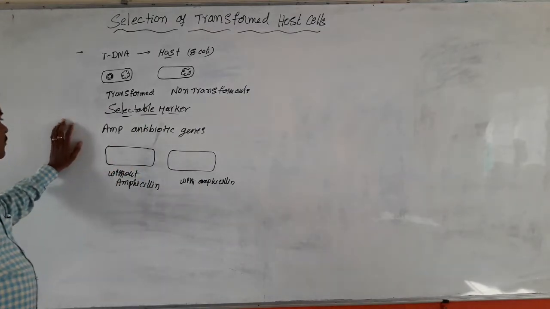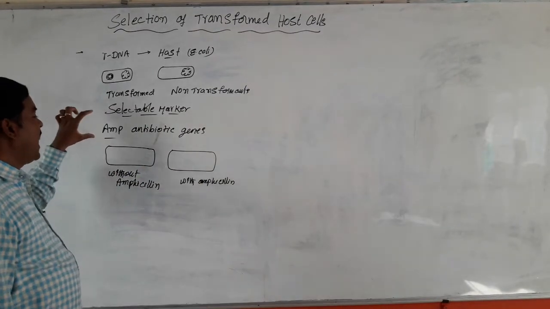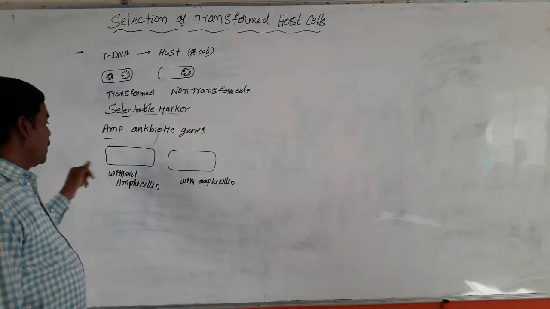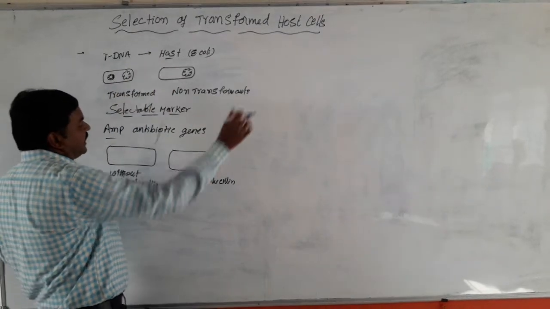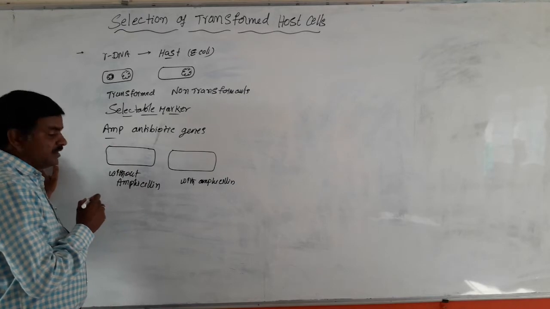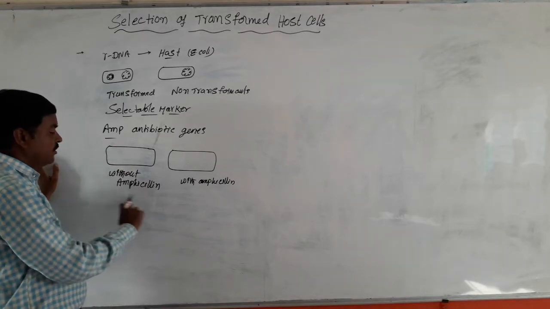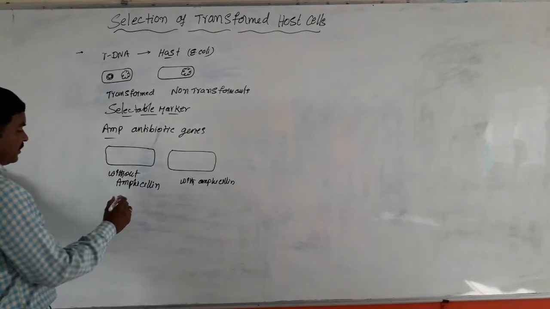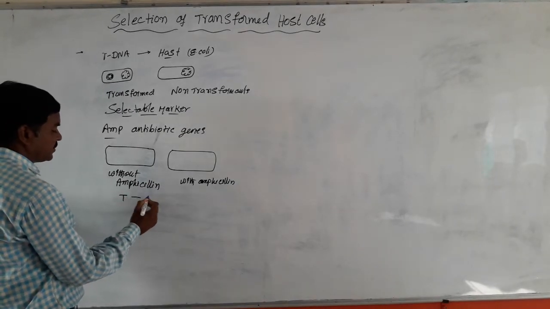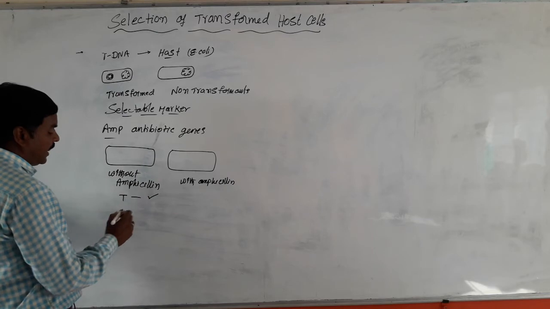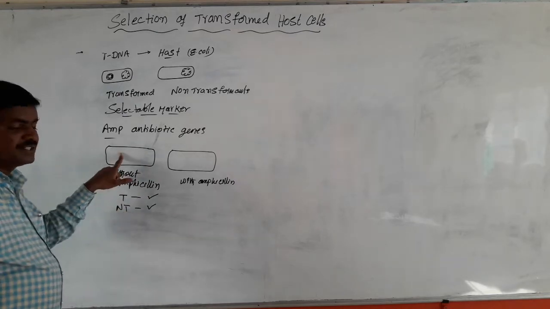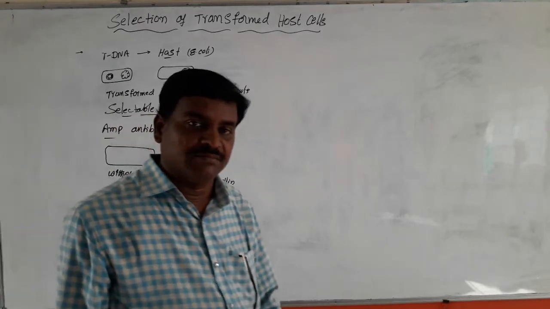So, for example, when the ampicillin resistant gene is cloned in these bacteria, all these bacterial cells are transferred into medium without ampicillin. So, transformed cells can grow and non-transformed cells also grow inside this medium without ampicillin.